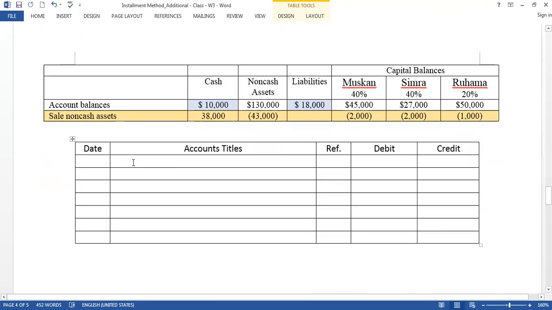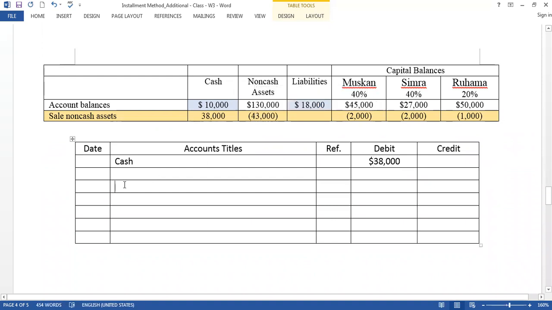So now here you can see that we sell our non-cash asset and we receive cash. So we receive cash, debit. So we receive cash $38,000, cash debit. And we sell $43,000 of non-cash asset.